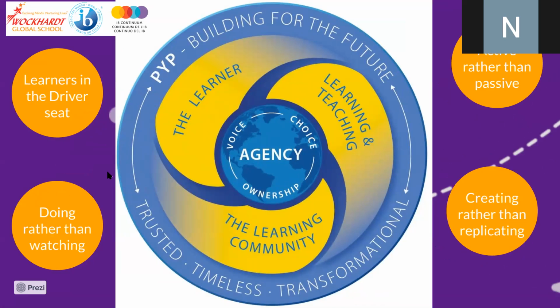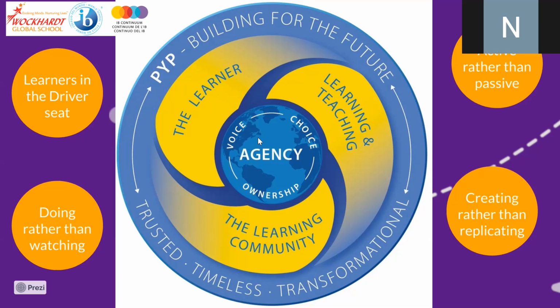As you can see, in the PYP, learner agency is described in a very small mantra, which is voice, choice, and ownership. This learner agency is put at the very core of IB. All the learning and teaching principles, and the learning community, revolve around the agency of students and learners, who are at the very core of IB.